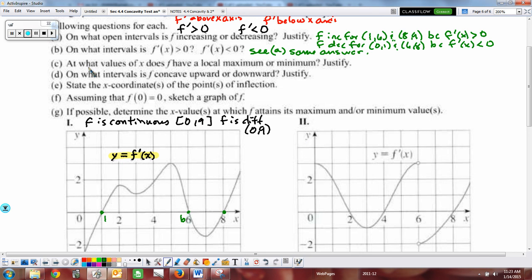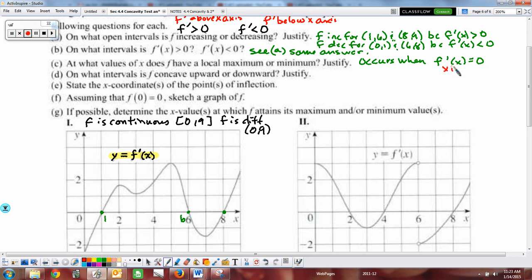All right. Now I want to know, at what values of x does f have a local max or a local min, relative extrema? So now let's think about what we want to have. What we learned is that we needed to have a critical value. This occurs when f prime of x is equal to 0. And what does that mean on the graph?